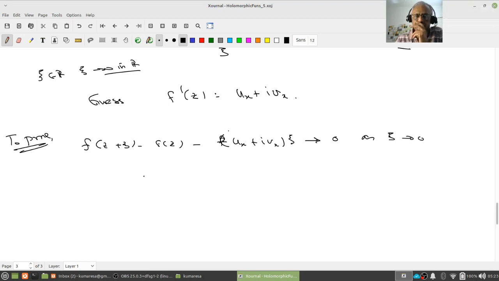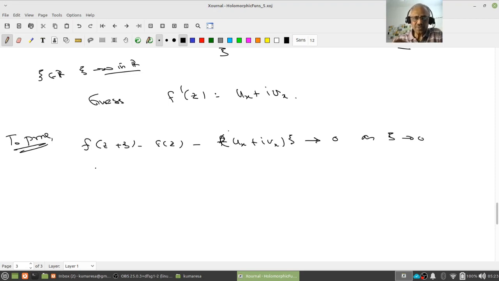Now what is the trick? If you have been following my analysis, now you know the trick. Here there is a u and a v, whereas I have f here, therefore what should I write? f as u plus iv. Then I'll break f into u and v.